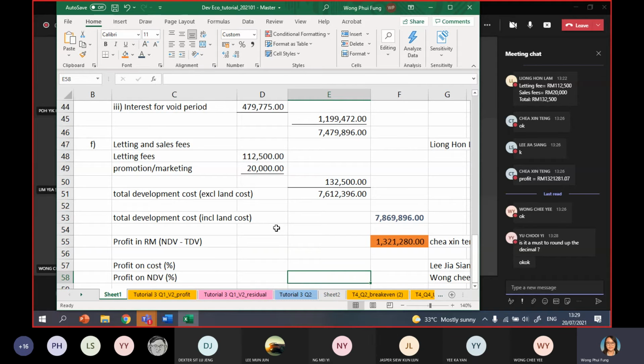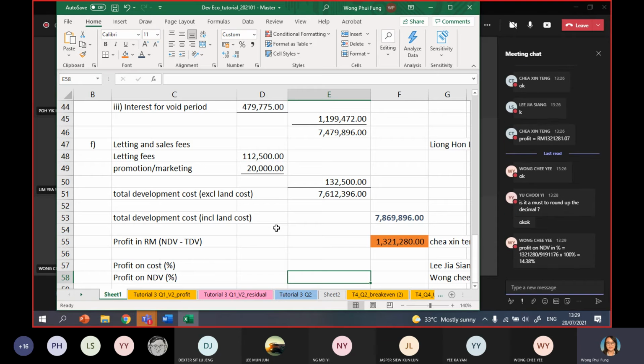Only a few cents, or a few ringgit, still can accept. As long as it doesn't differ by a few thousand or few 10,000, then that one is actually wrong. If it differs by a few cents or a few ringgit, there should be no problem.